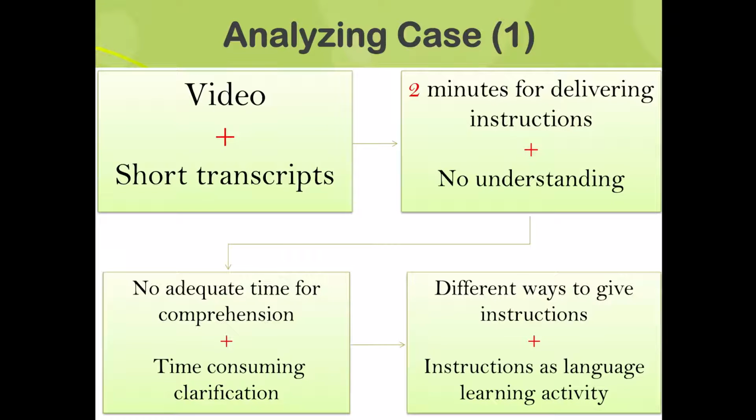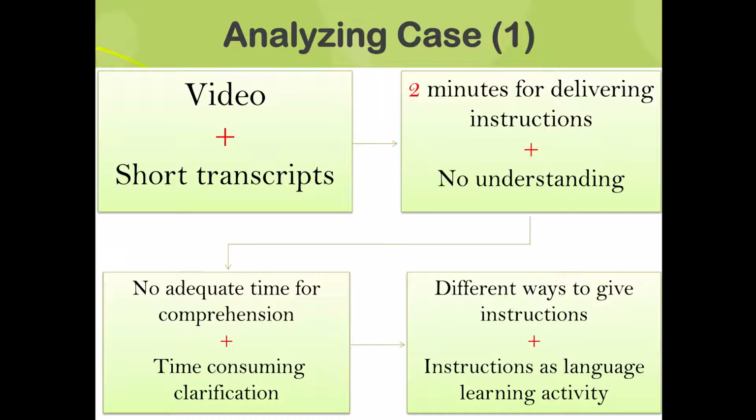For the fourth step, in which teachers should think of different ways to change their instructional behavior. In this case, the teacher thought of different ways to give instructions. For example, she thought of different techniques to give instructions.